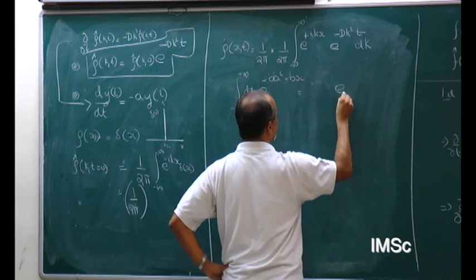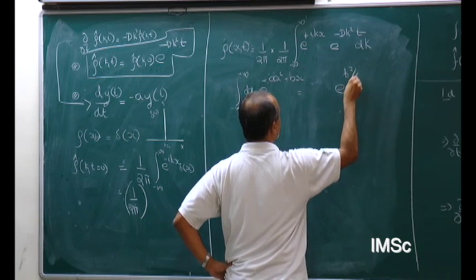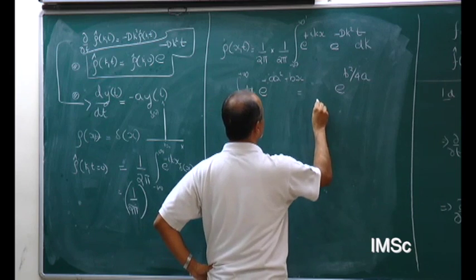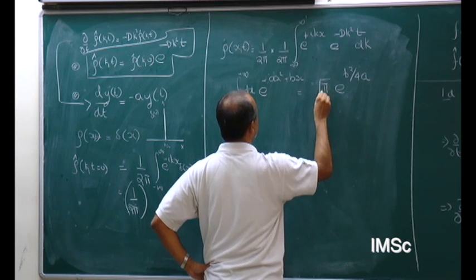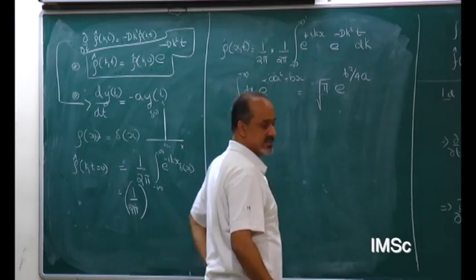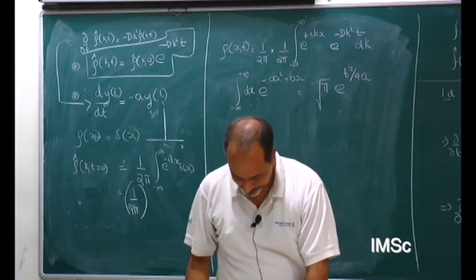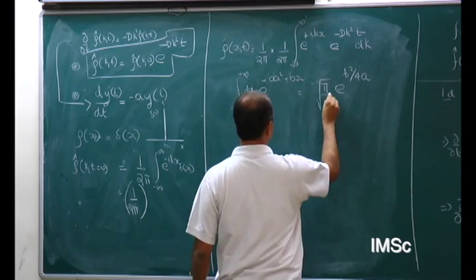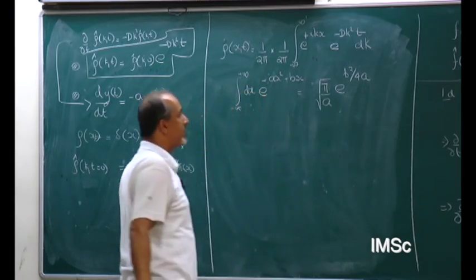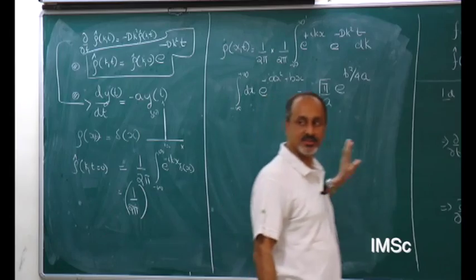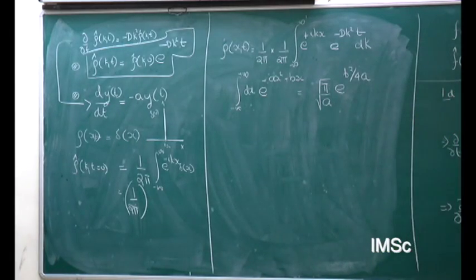This is e to the power b squared over 4a, and the normalization here should be root of pi divided by a. Sorry, root of pi divided by a. This is one of these useful integrals that is nice to remember. There are many ways in which you can write these integrals.